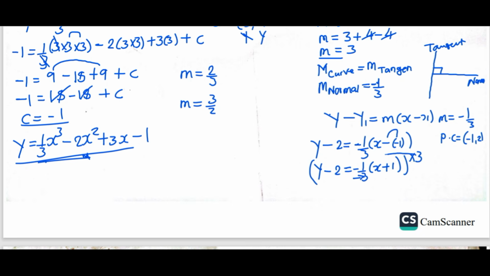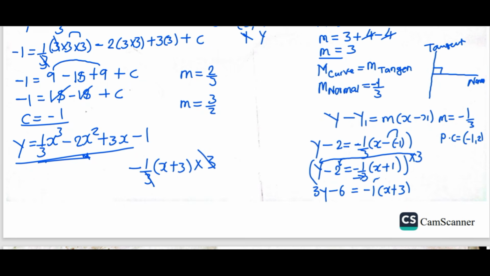So this 3 will multiply with y, giving us 3y. Then the second one will multiply with negative 2, giving us negative 6. The remaining part is negative 1 over 3 times x plus 3, times 3. The key point is this and this will cancel, giving us negative 1 times x plus 3.